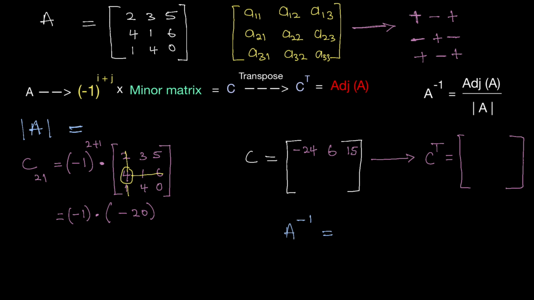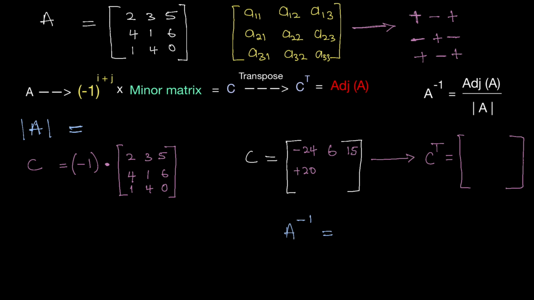Minus 20 times minus 1 is plus 20, and it will be plus 20 here. And I need to find element C22. That will be 2 plus 2, positive 1 times this element, horizontal line, vertical line. The minor matrix determinant will be 0 times 2 minus 1 times 5, and that is minus 5. So you put minus 5 here.